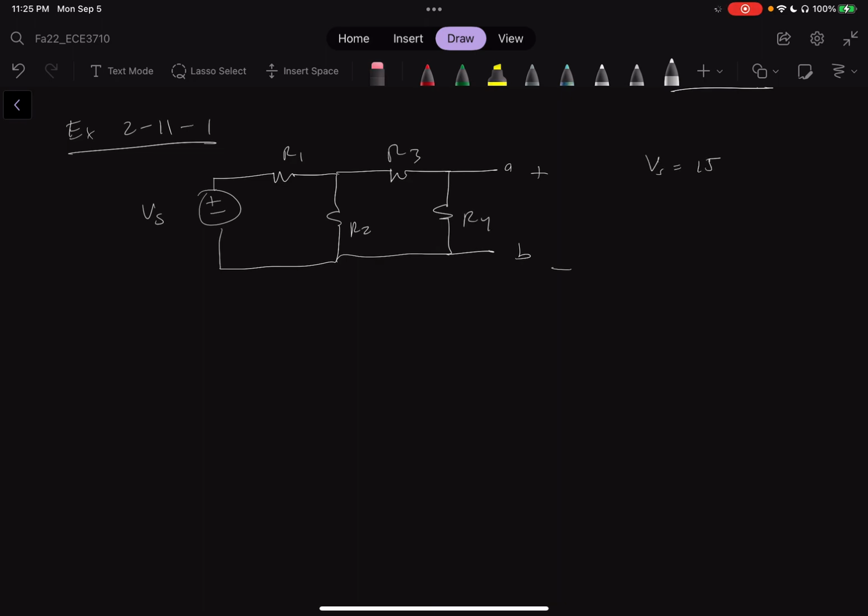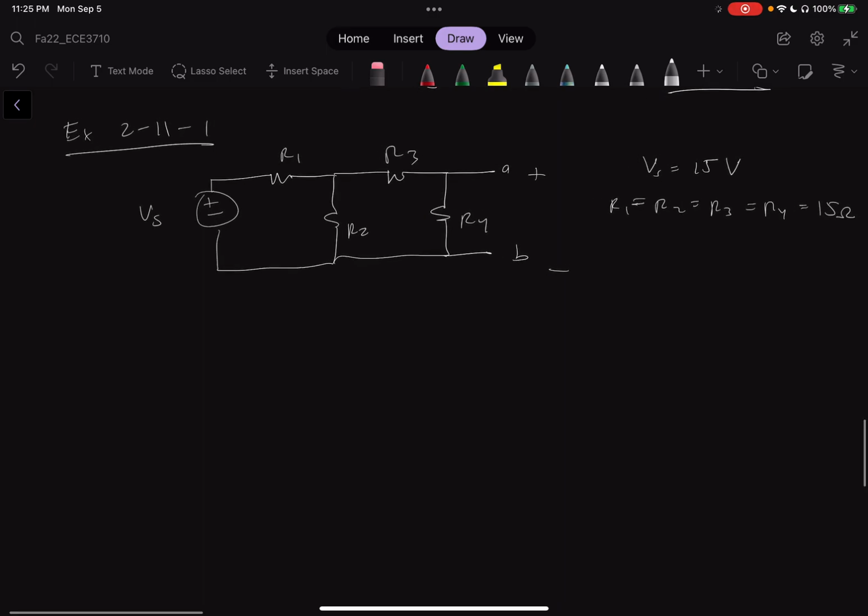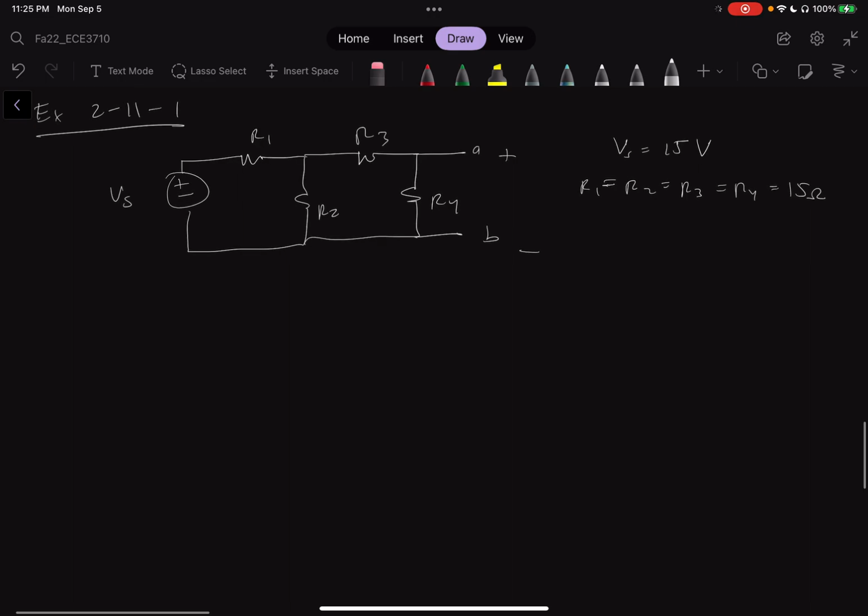Vs is equal to 15 volts. And R1 is equal to R2, which is equal to R3, which is equal to R4, which is equal to 15 ohms. All right, let's say that's the case. And the first question being asked is, what is R Thevenin? Okay, there's a protocol to follow, which I've been teaching. So what is R Thevenin in units of ohms?